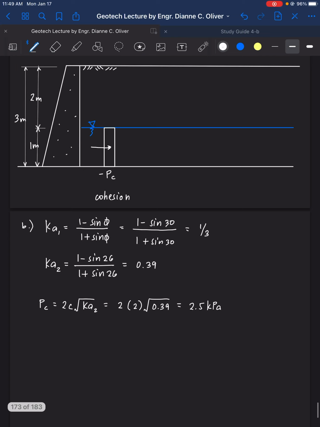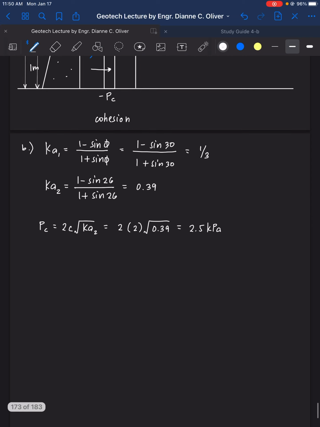Let's go to the soil. Let's draw here. That is uniformly varying. Then let's get the value for P sub 1. For soil, we have K active 1, gamma 1, H1.